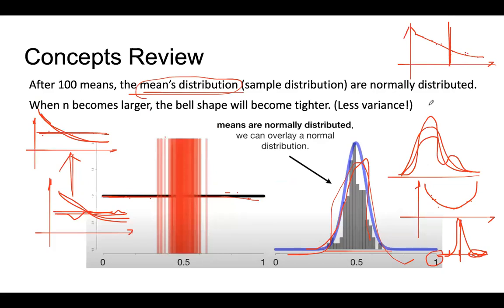If the variance is small, it should be tight. If the variance is large, it should be a fat bell shape. So that is why we care about the variance, right?